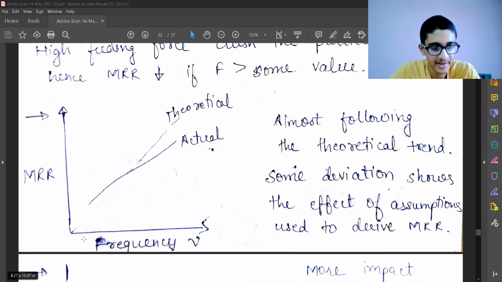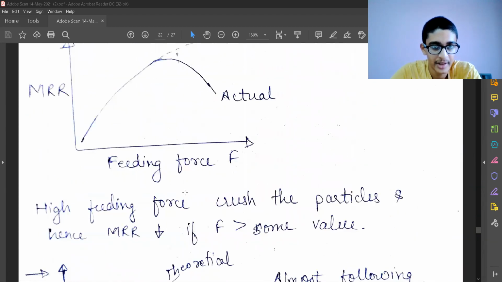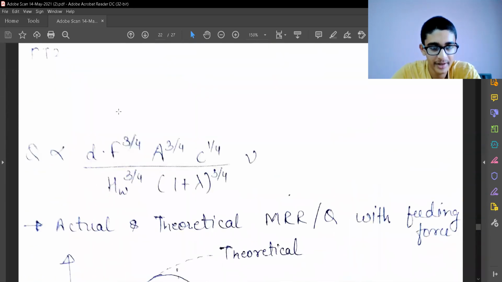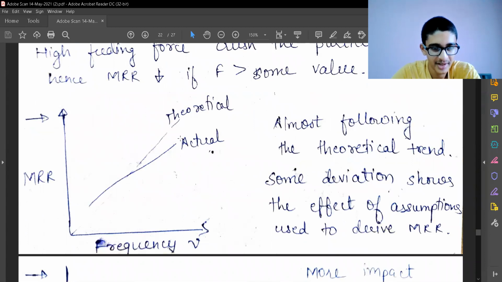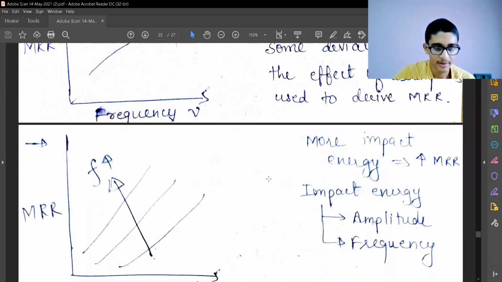Then the MRR changing with frequency of the vibration. This is some theoretical line which is having a power 1, so it is directly dependent, seen with some slope. Actually it is slightly offset, but it is almost following the theoretical trend. Some deviation is coming because of the effect of the assumptions which we have used to derive MRR values.